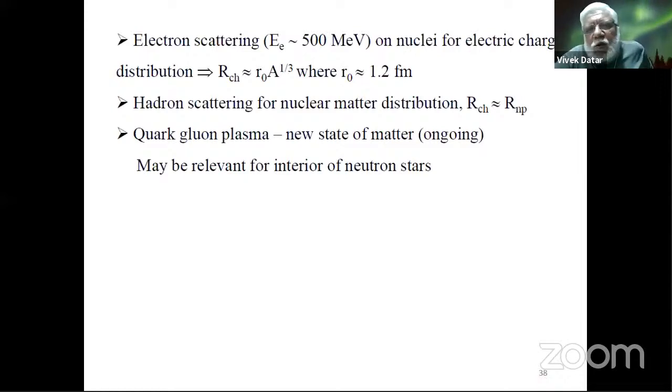But if you can create a situation where you have a nucleus such as gold at a very high temperature, a temperature of 100 or more MeV, then you can have quarks which break away from the nucleons and which can travel all over the nucleus. And we believe that we have already produced such a state of matter, so-called quark-gluon plasma, in collisions at RHIC and the LHC. And this kind of plasma state may, in fact, be relevant to the interior of neutron stars, when supernova explosions take place.